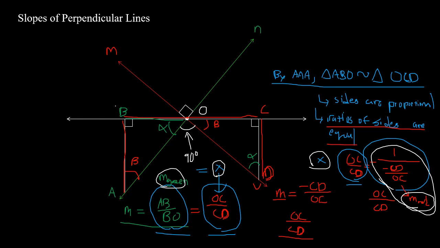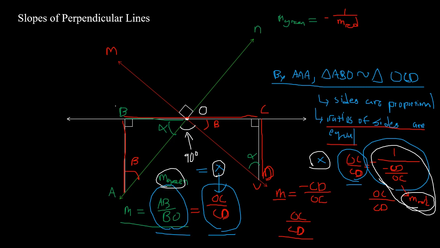Therefore, the slope of green is equal to the negative reciprocal of red, because they're both equal to X. Let me write that down: slope of green, M green, is equal to the negative reciprocal of M red.